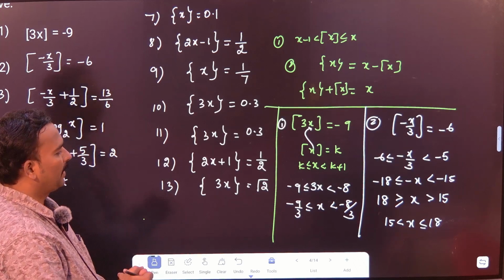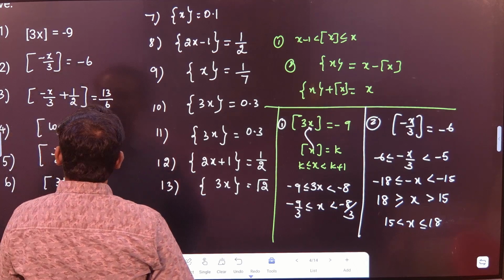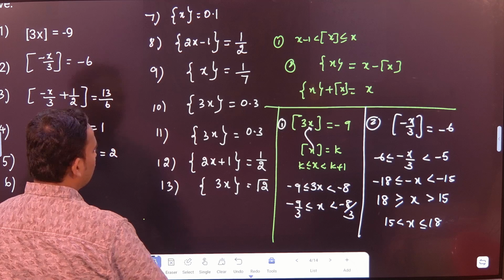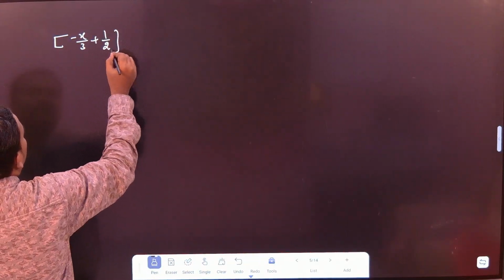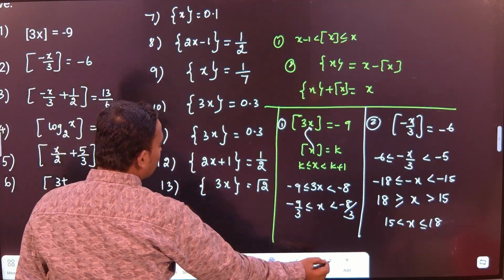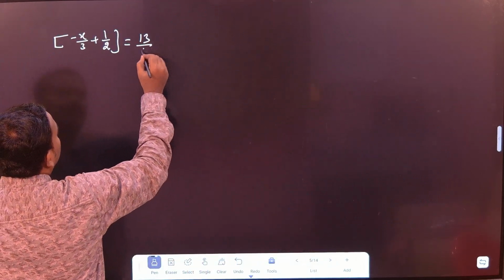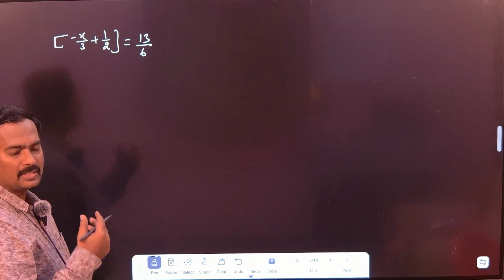Okay, fine. So next question, the third one: the greatest integer function of minus x by 3 plus 1 by 2 can take... So this equals 13 by 6. 6 is not a factor of 13, so it will come as a decimal.